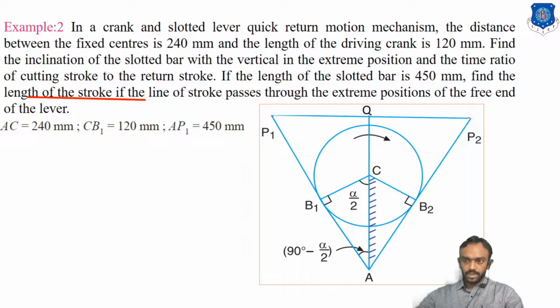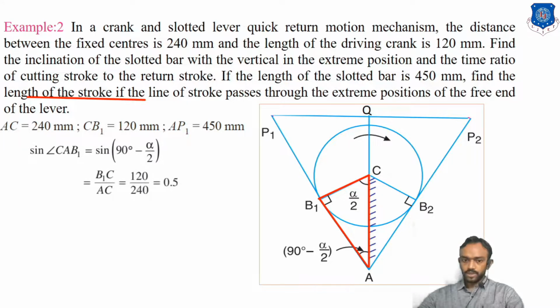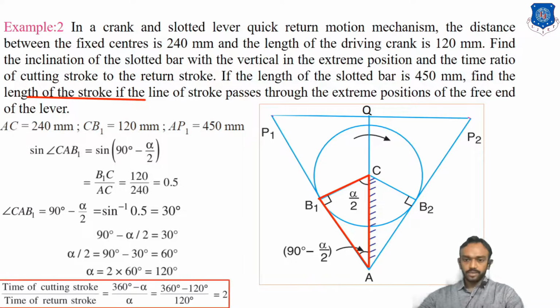You take the sine of the angle for this triangle, sine (90 minus alpha) by 2. It will be CB1 upon AC, which is 120 here and 240 here. So it becomes sine inverse of 0.5.